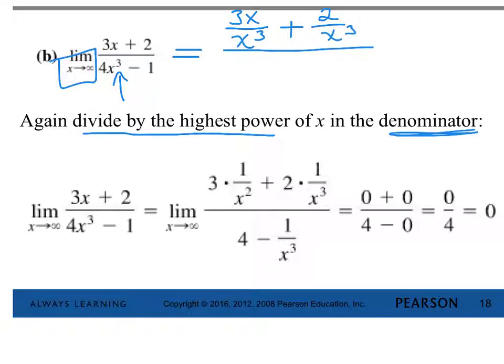Then I'm going to take 4x cubed, and I'm going to divide it by x cubed. And then I'm going to take the 1 and divide it by x cubed. Now, this is what's going to happen. The x in the numerator is going to take away one of the x's in the denominator and leave us with x squared, which is what happens here.